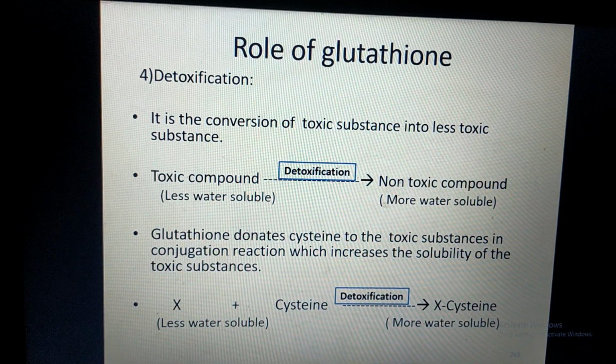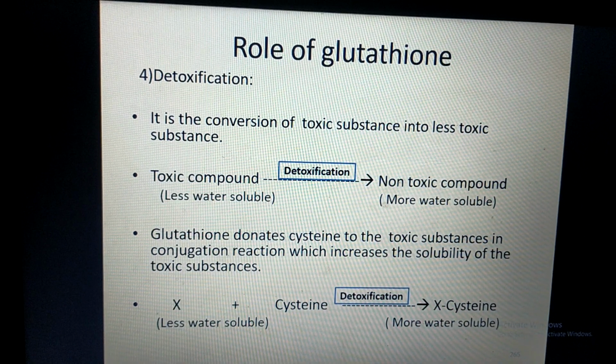Next is detoxification. What is detoxification? It is conversion of toxic substances into less toxic substances. Toxic substances are water insoluble or less soluble in water, whereas non-toxic substances are more soluble in water and therefore can be easily removed from the body. Now here glutathione donates cysteine to the toxic substance in a conjugation reaction.